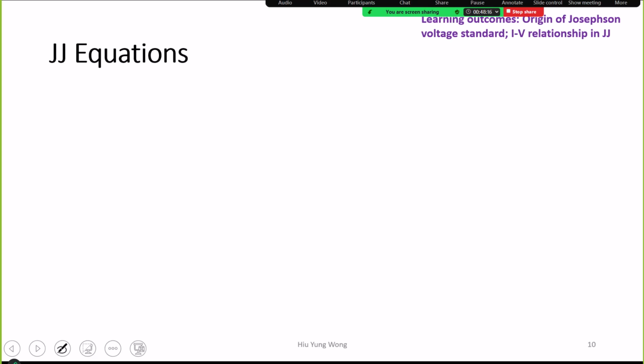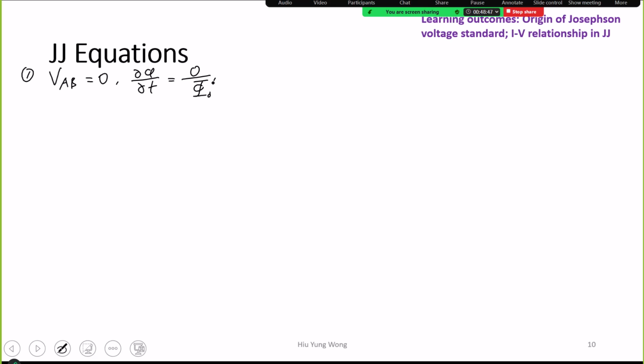So let's look at the JJ equation. We have the equation, then what does it mean? For example, case 1, let's say I apply voltage equal to 0. It means there's no voltage bias to the Josephson junction. Then what does it mean? Partial phi, partial t equals 0 divided by phi naught dash, which is V_AB divided by the reduced flux quantum, equal to the rate of change of phi.